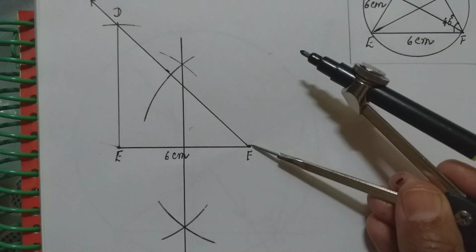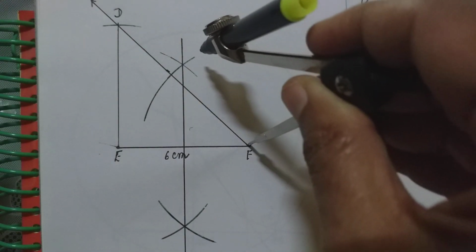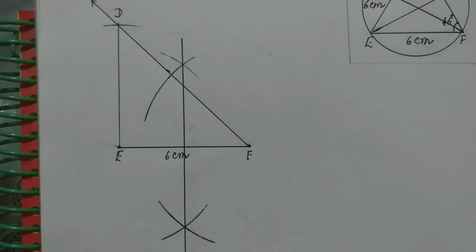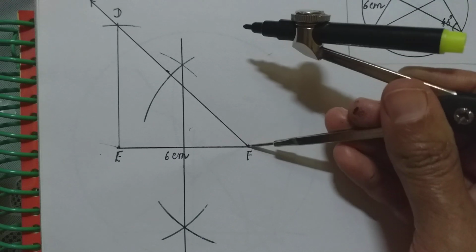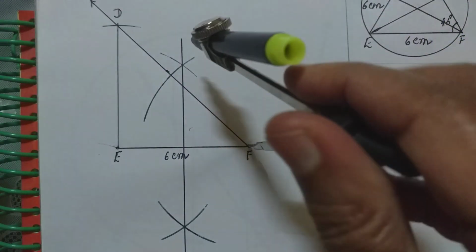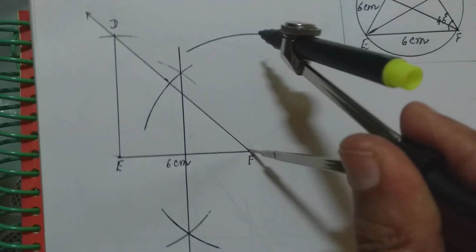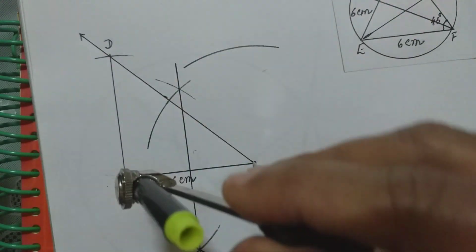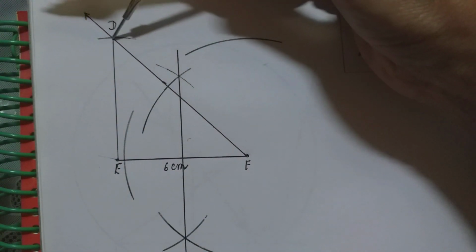Now we draw the perpendicular bisector of DF. So above, we can make the radius slightly larger and draw above DF from the vertex F and below it.